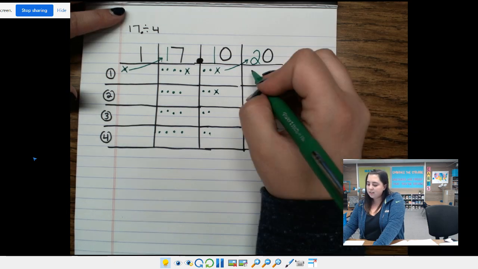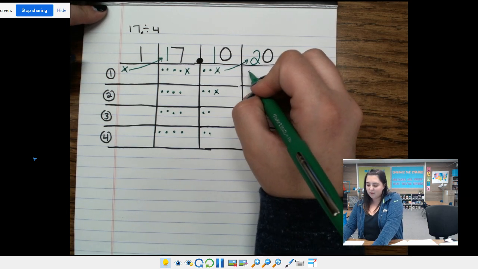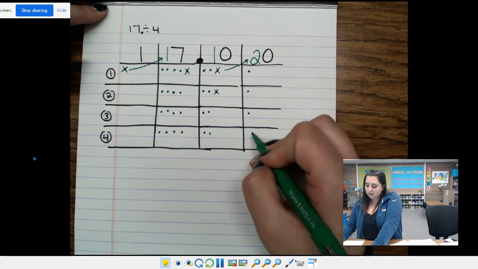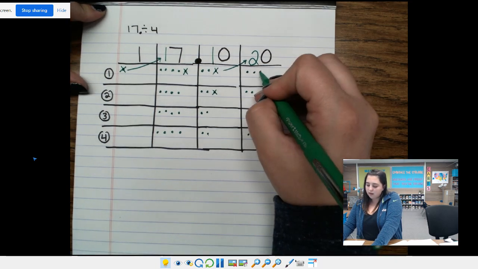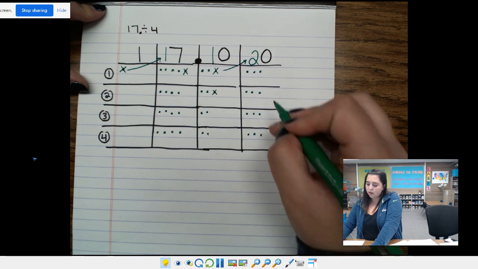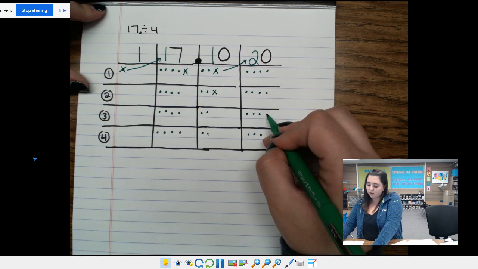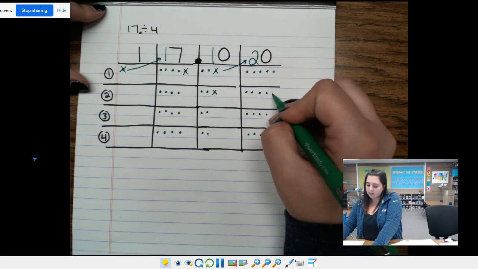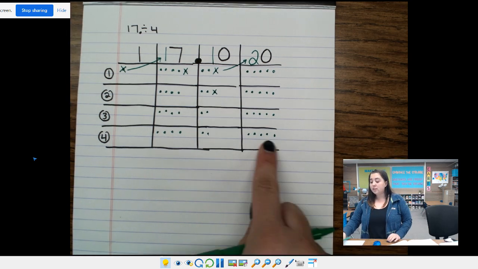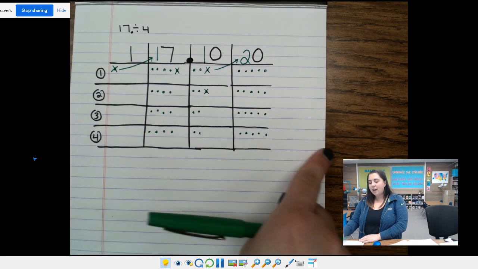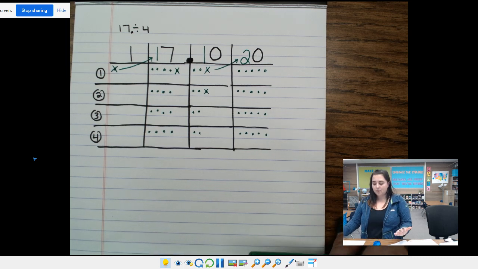Now let's try and divvy these up. Hopefully it comes out evenly. 1, 2, 3, 4, 5, 6, 7, 8, 9, 10, 11, 12, 13, 14, 15, 16, 17, 18, 19, 20. Yay, it came out evenly. If it didn't, I would just have to keep adding columns until it did.